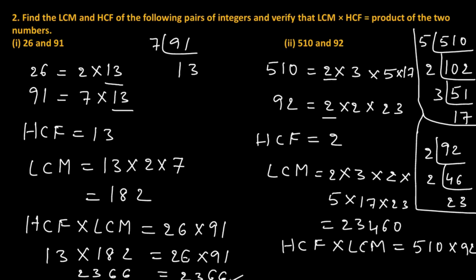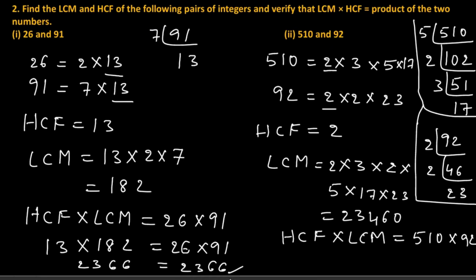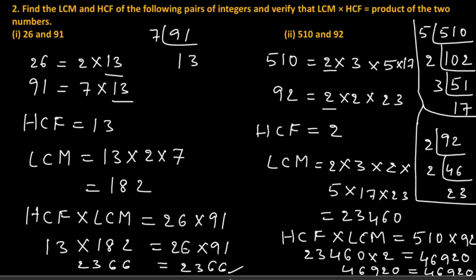So HCF into LCM is 23,460 into 2 into 2, which is equal to 510 into 92. So it will be 46,920. Definitely this must be equal to 46,920, which is also equal to 46,920. So this is proved. You do the multiplication, you will get the answer.